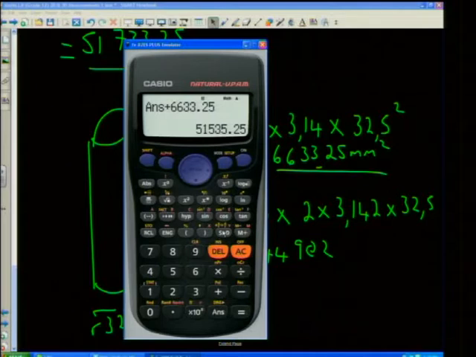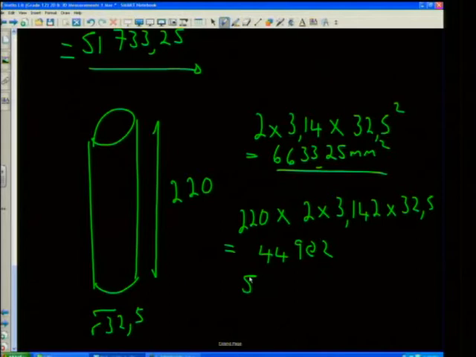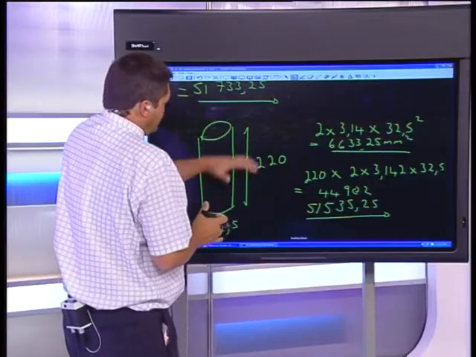Can you remember that? 51,535.25. Okay. That is the surface area when I do it with the measurements.